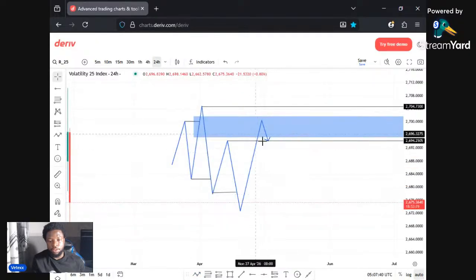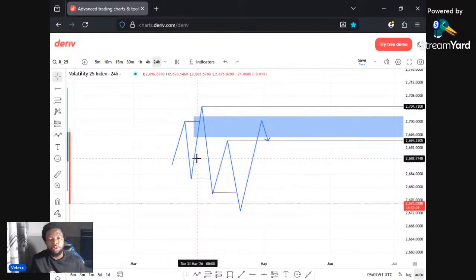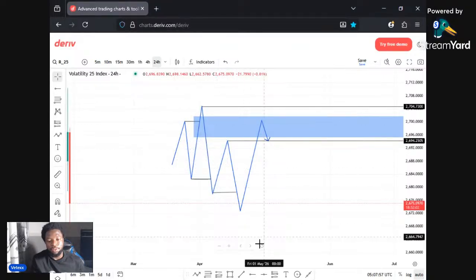You don't enter the trade on the 4-hour time frame or the daily time frame. Once you see your continuation on the weekly or the daily time frame, you have to wait for continuation on the 4-hour time frame first. And then when you see this structure on the 4-hour time frame, you can then go to your 15 minutes and anticipate a continuation like this.